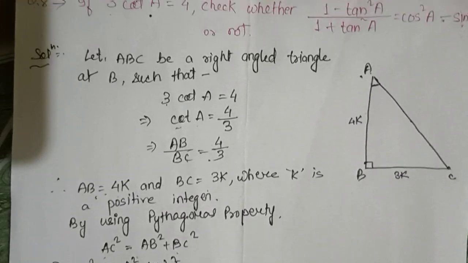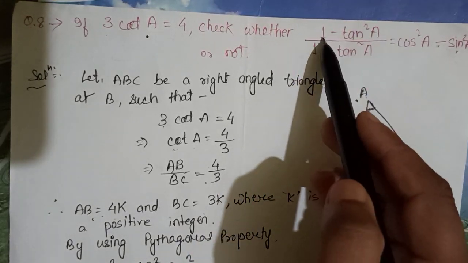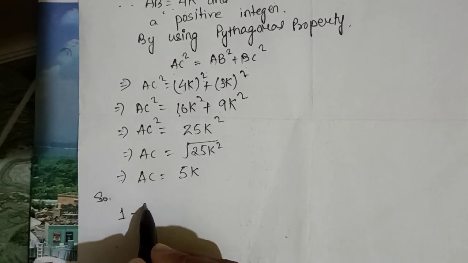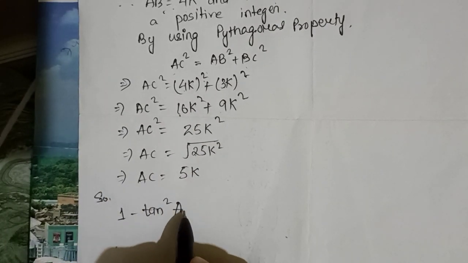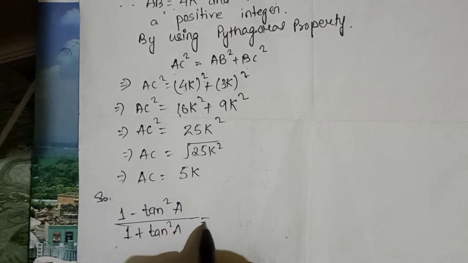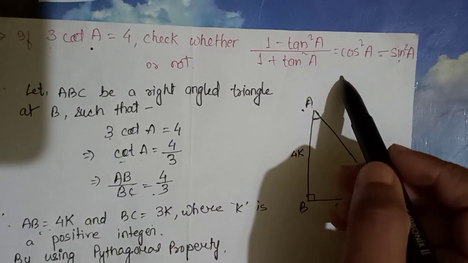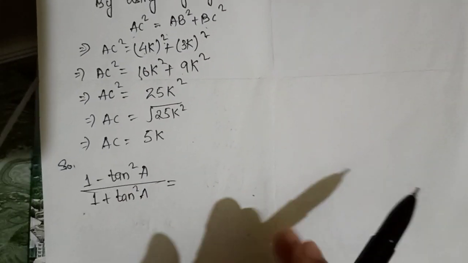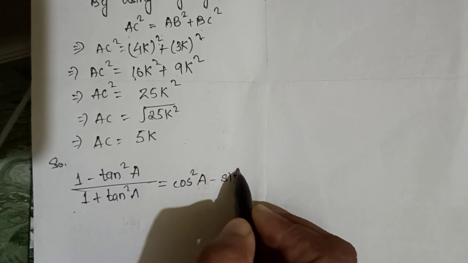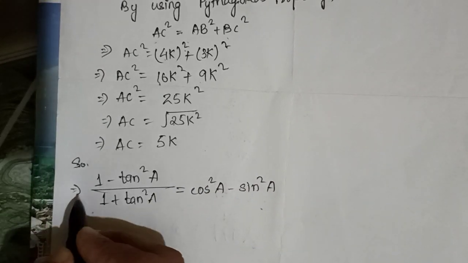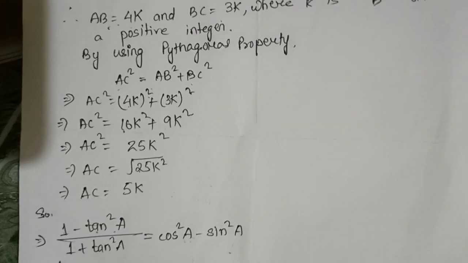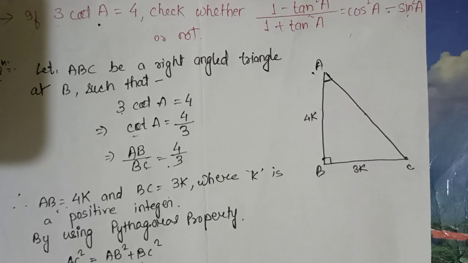So now we have to work here. We will take this condition: 1 minus tan square A divided by 1 plus tan square A equals, we have here cos square A minus sin square A. This implies that 1 minus tan A. Now we have to go to the formula for tan A. Tan A will be opposite by adjacent.